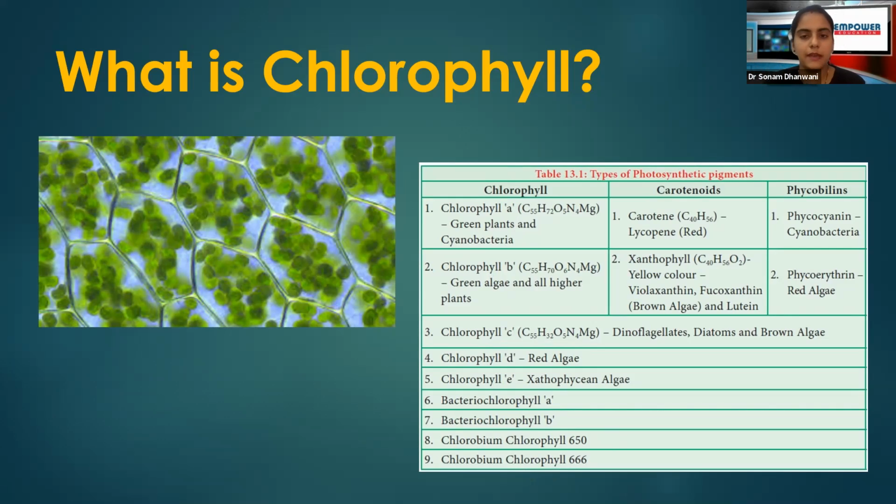There are actually 3 types of pigments, that is chlorophyll, carotenoid and phycobilins. ठीक है, and here we are only interested in chlorophyll pigment, that is the green pigment. ठीक है, तो वो chlorophyll के होते हैं 9 types. Okay, just remember that. Now you don't need to mug up all these types, but just know that chlorophyll A and B are the common ones which are present, and this pigment helps us for the photosynthesis process. That's all you need to remember about chlorophyll.